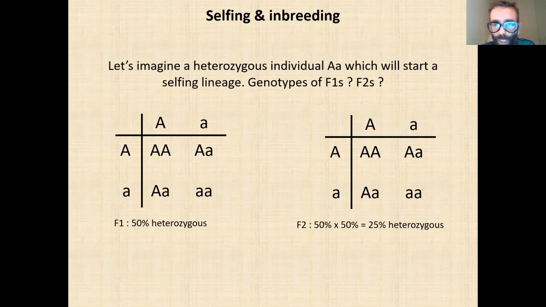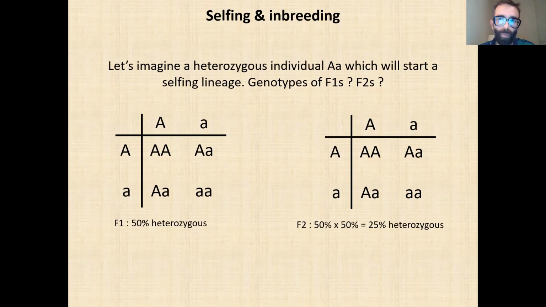So that means that the 50% left of heterozygotes in the F1s will give half of the progeny being heterozygote. So we are only left in the F2 with 25% heterozygote individuals. That shows you that basically every generation, the proportion of heterozygotes will decrease by half.